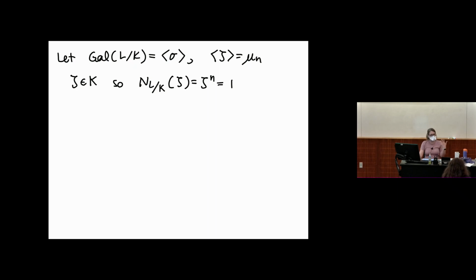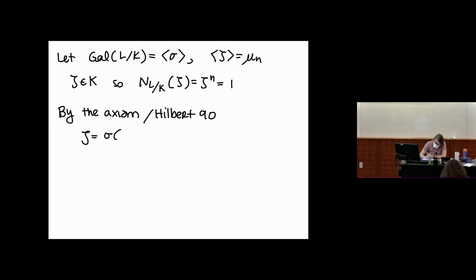Now, my axiom of Kummer theory was that when I have an element of norm 1, it's of a specific kind. By the axiom, I mean Hilbert 90, because I'm not just assuming it's true. This means that zeta is sigma alpha over alpha for some alpha in L cross.